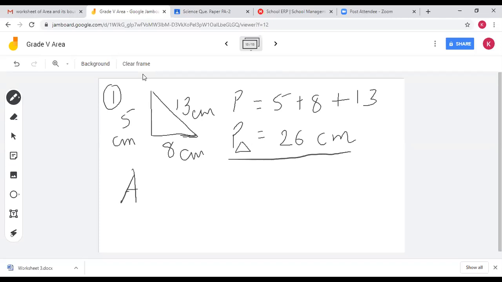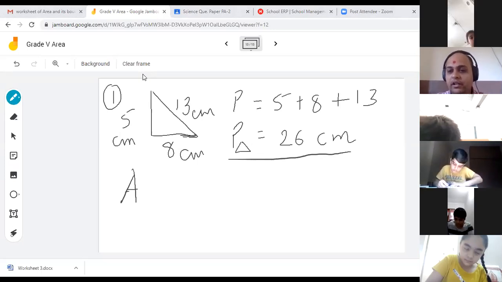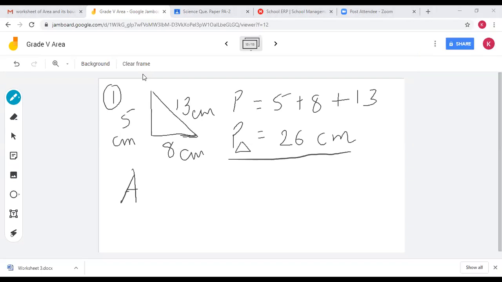Now for area, pay attention. Put your pens down. Stop writing, everyone. Eyes on the screen. What we need to do when we are finding area of a triangle is think that this triangle is made up of either a rectangle or a square.